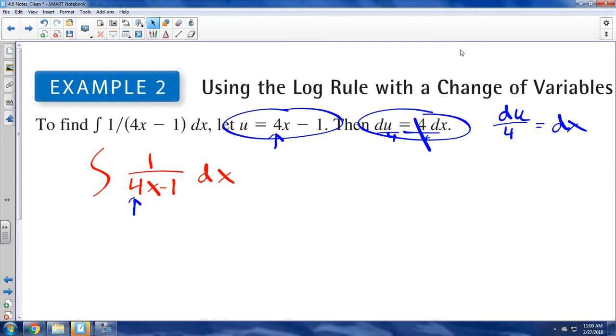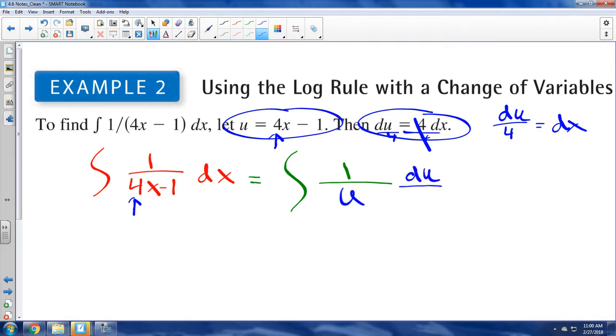Okay, rewriting our integral. We cannot use any x's. We have 1 over, in this case, u, because 4x minus 1 is u. And we know that dx is equal to du over 4. So let's just show that real quick. du over 4. I don't like to have the over 4 there, so I take it out front. A couple ways you can look at it.